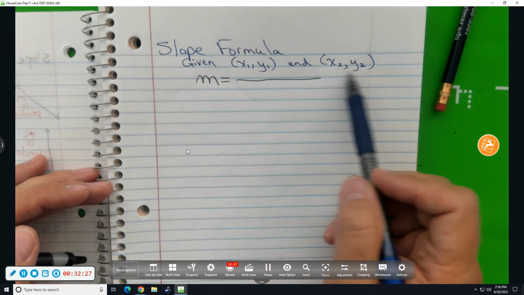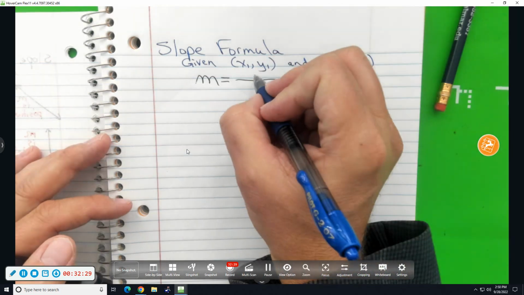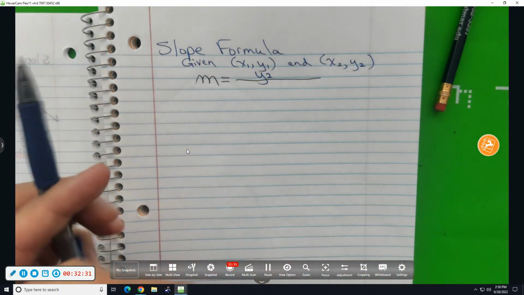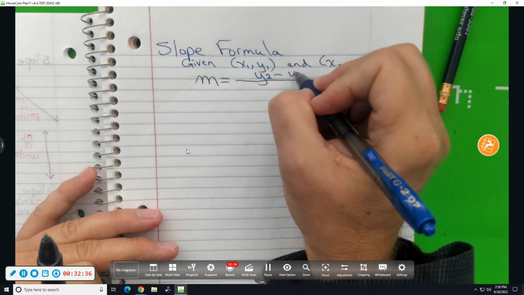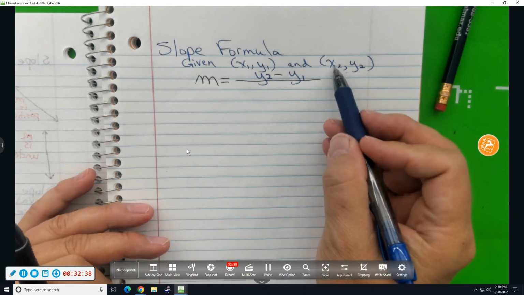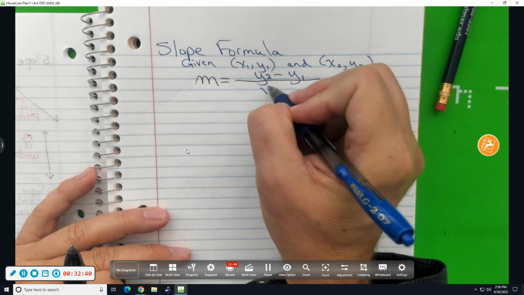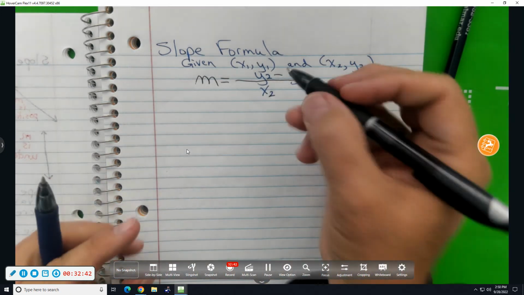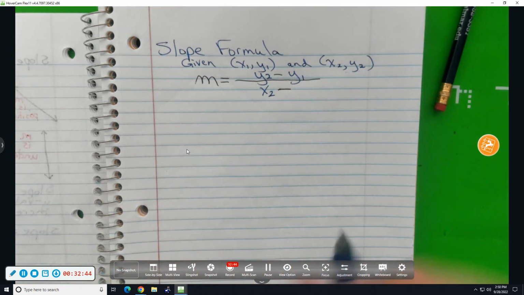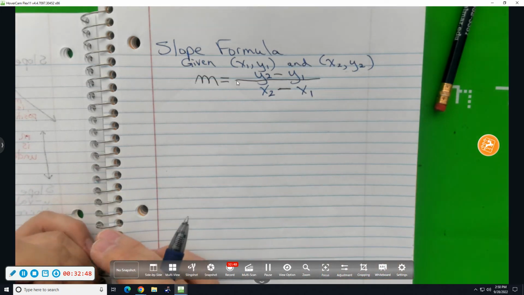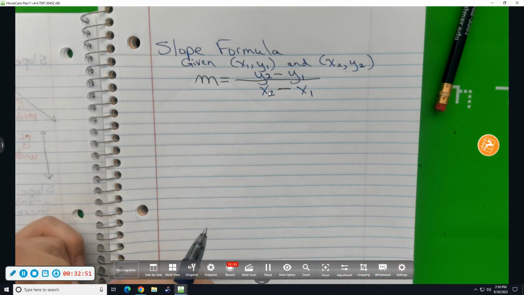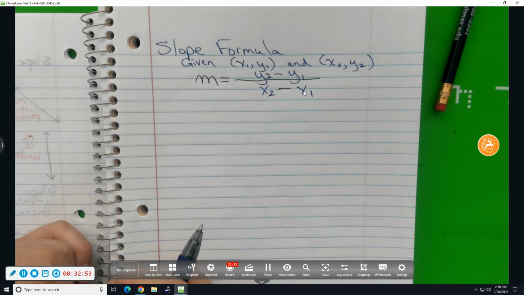I always start with the second ordered pair, so it's Y sub 2 minus Y sub 1 on top, and on the bottom X sub 2 minus X sub 1. Second Y minus first Y over second X minus first X.